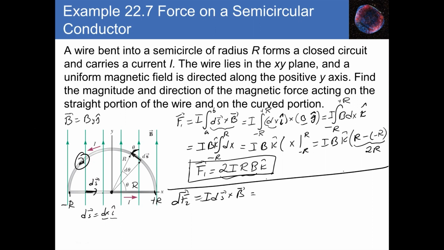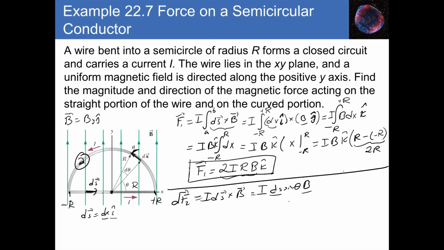So which basically becomes I, ds, sine of theta, times B. Remember, if you have the ds and the B, there's sine of theta.